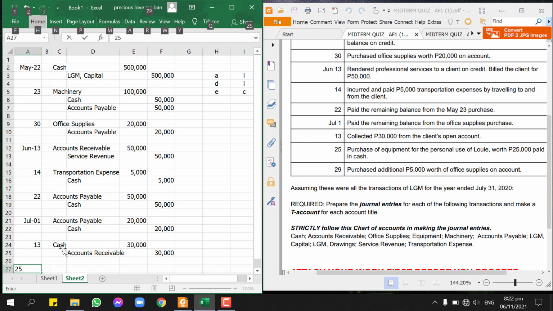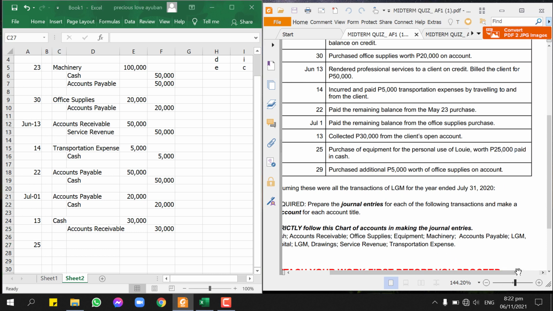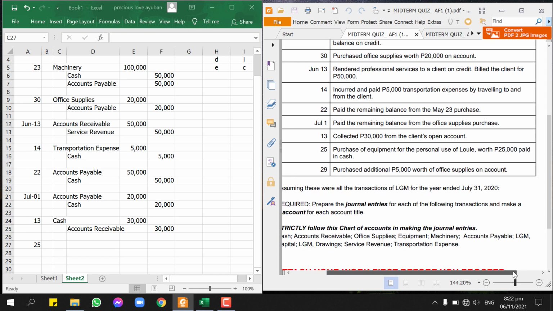Next, July 25, yung ating transaction is purchase of equipment for the personal use of Louis worth 25,000 paid in cash. So, this transaction is for the personal use of Louis.